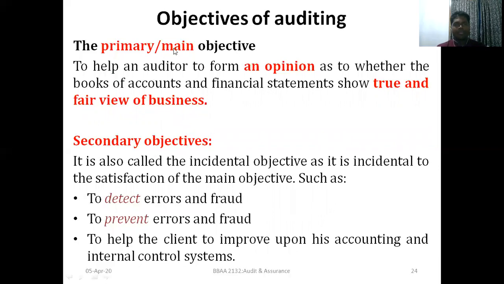Here I have classified them into primary and secondary, or incidental, objectives. But different textbooks interpret these objectives in different ways, so you can't expect to see the same primary and secondary objectives from textbook to textbook. But the thing is, you should understand these are the objectives of auditing.